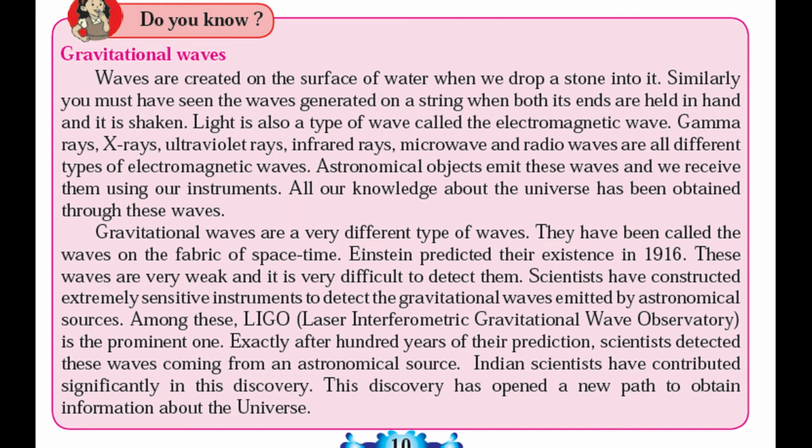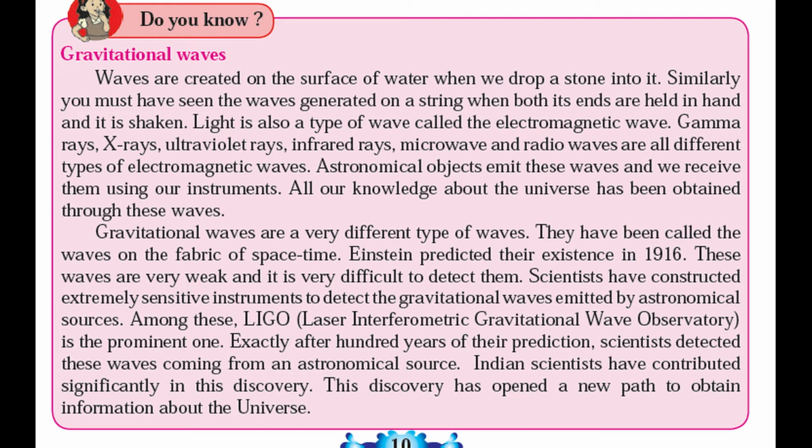Gamma rays, X-rays, ultraviolet rays, infrared rays, microwaves, radio waves, these all are electromagnetic waves. Astronomical objects emit these types of waves, and we receive them using our astronomical or physics instruments. All our knowledge about the universe is based on understanding of these electromagnetic waves.